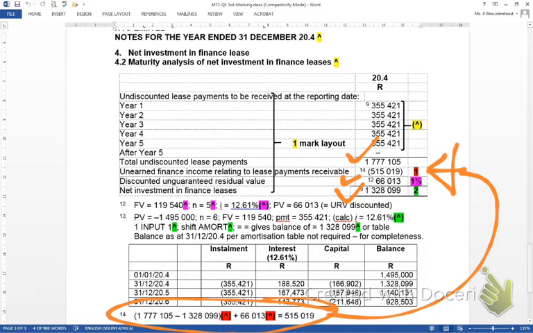And what this means is that the unearned finance charges that you have here are now split between the present value of the unguaranteed residual value as well as the unearned finance charges, which gives you those calculations there. And that was what we required in the second part.